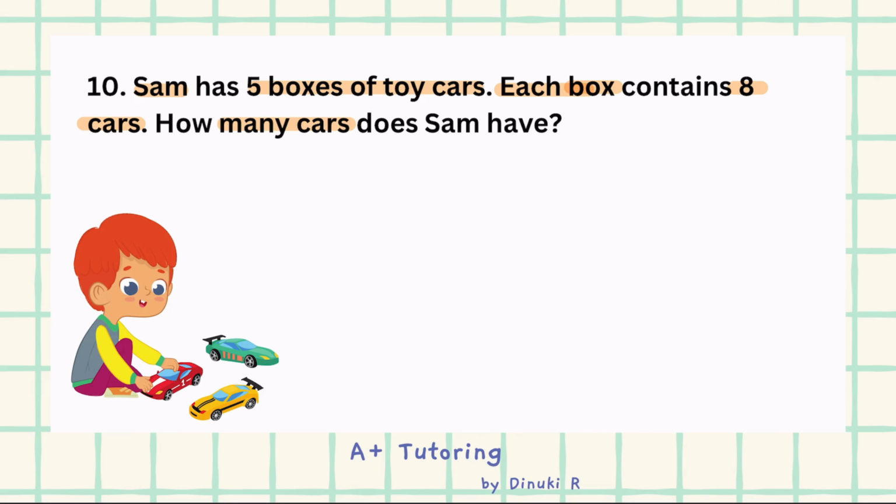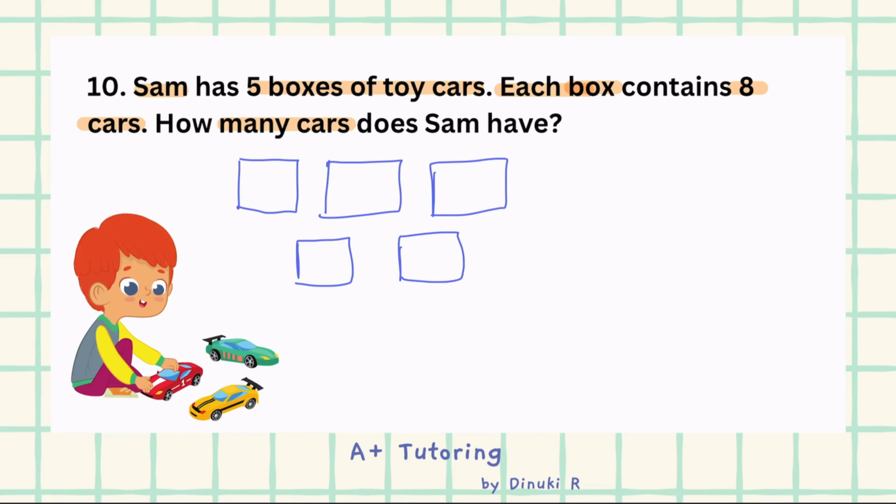Again, very similar question to what we looked at before. So, we know that we've got 5 boxes, right? Again, draw a diagram for yourself so that it's clear. And how many cars do we have in each box? 8 cars. You can just draw 8 like that. In other words, we're looking at 5 groups of 8, right?